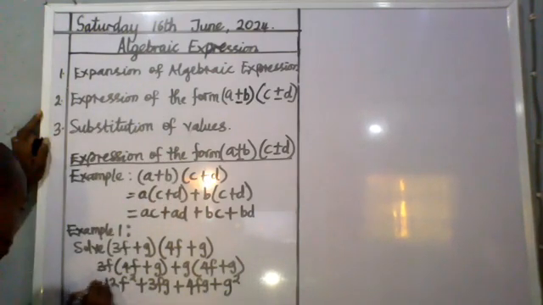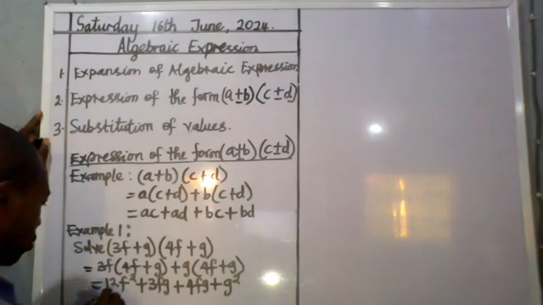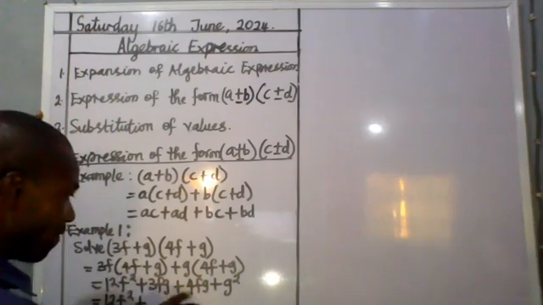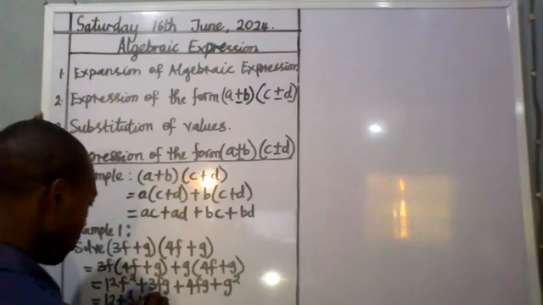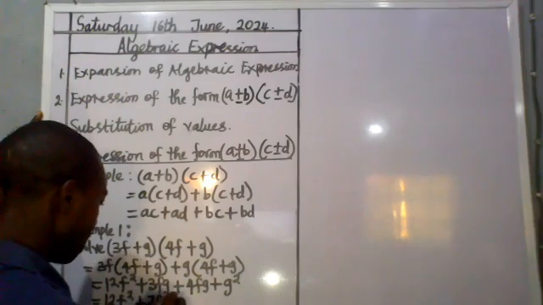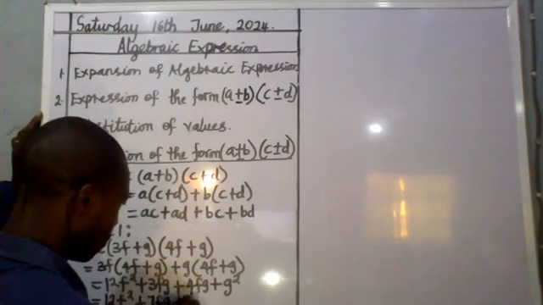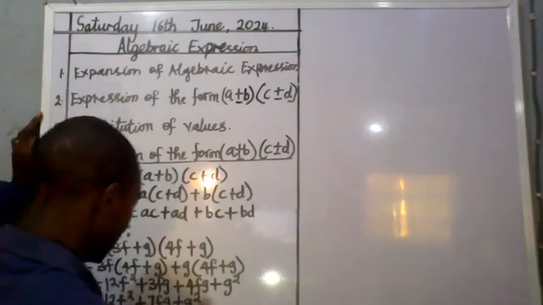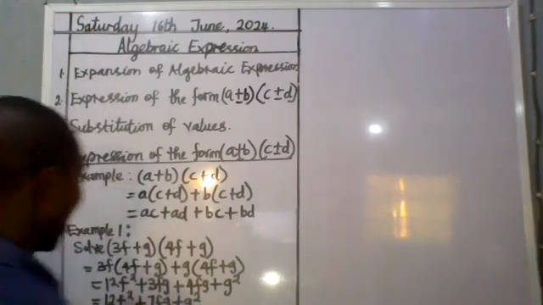That will give us 12F raised to power 2 plus 3FG plus 4FG, that will give us 7FG plus G raised to power 2. That is the final answer.